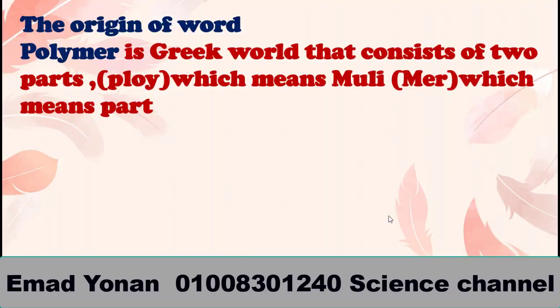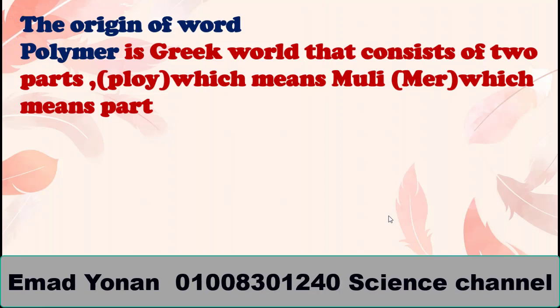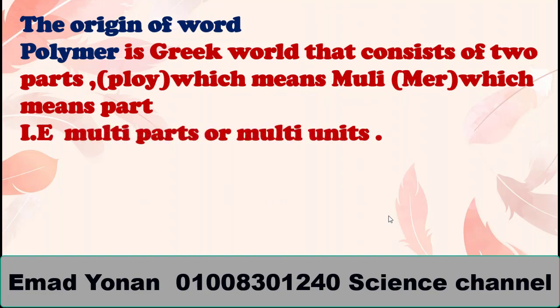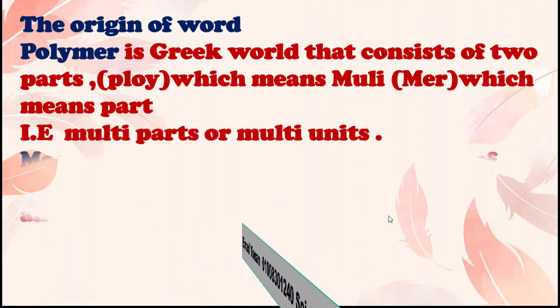The origin of the word polymer. Polymer is a Greek word that consists of two parts, poly and mer. Poly means multiple or many. Mer means part, so you can say polymer means many parts, multiple parts or multiple units.